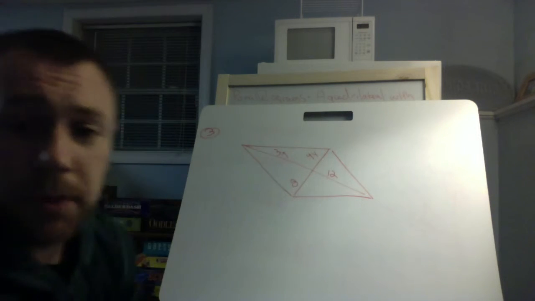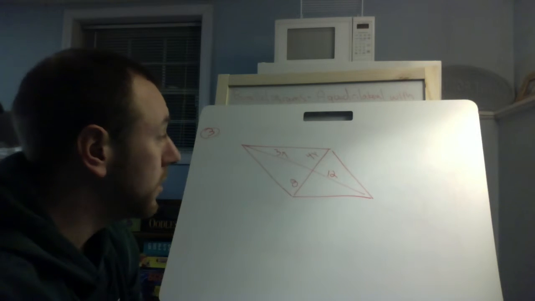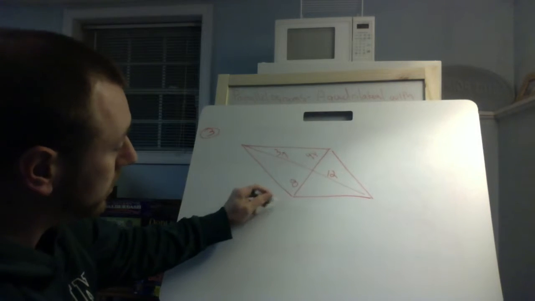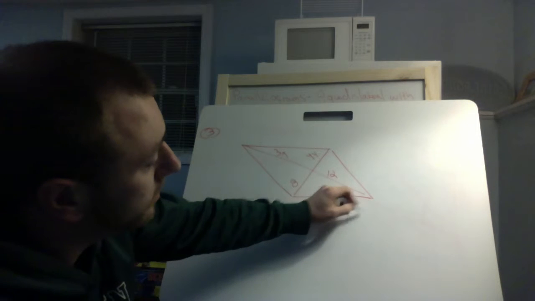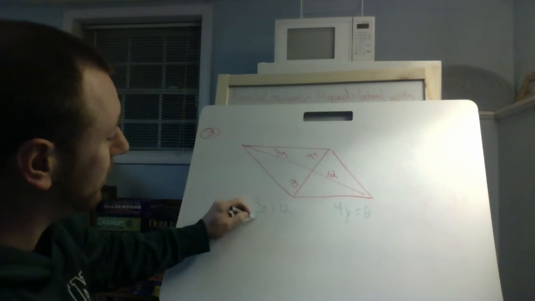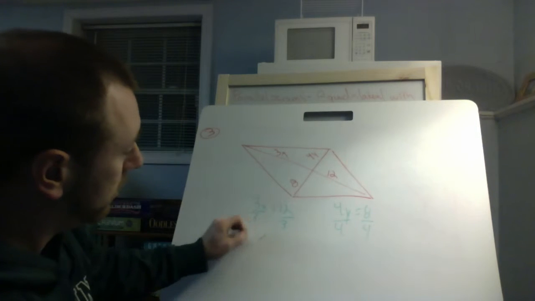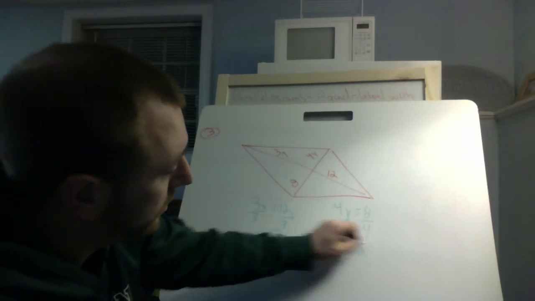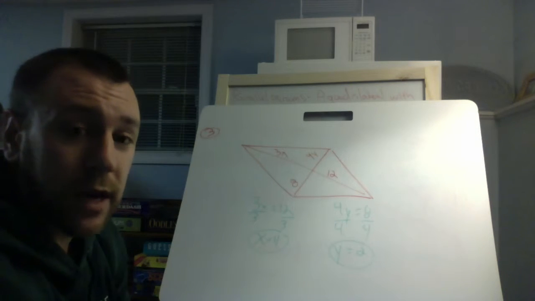That just means that the two parts are equal to each other. So 3x equals 12 and 4y equals 8. I can just divide by 3, x is 4. Y is 2. So that's how I solve for x and y.